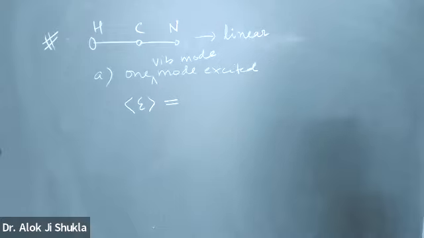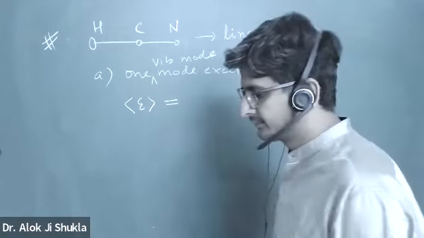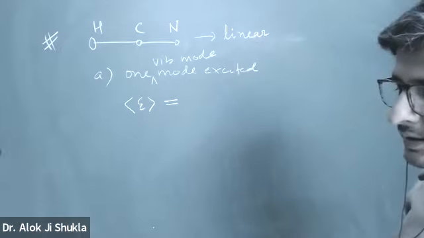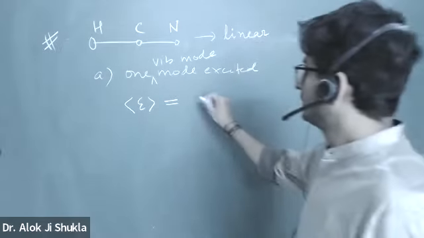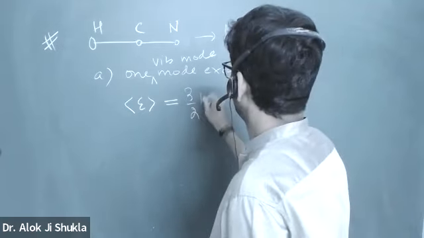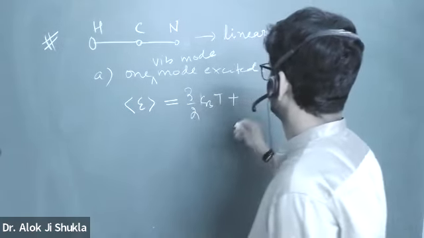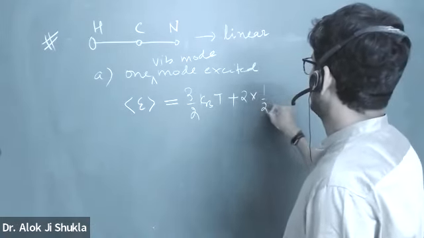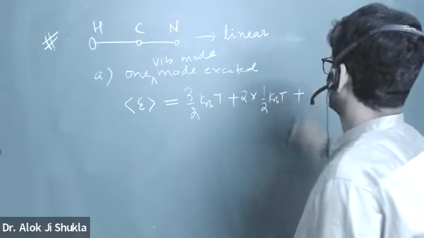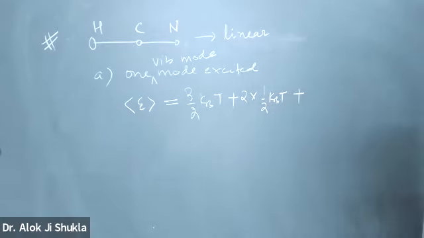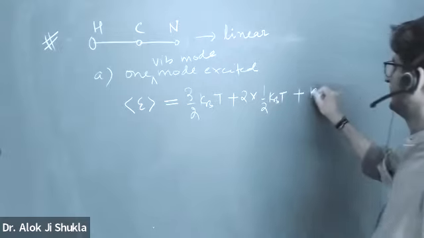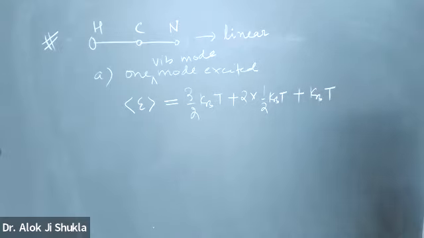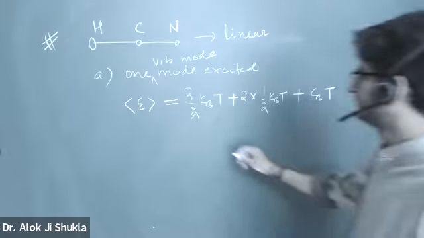And I have given you the formula when all modes are excited. So here we have only one mode excited. So 3 by 2 kBT plus 2 into 1 by 2 kBT plus one mode excited, kBT. Correct? So it will become how much?